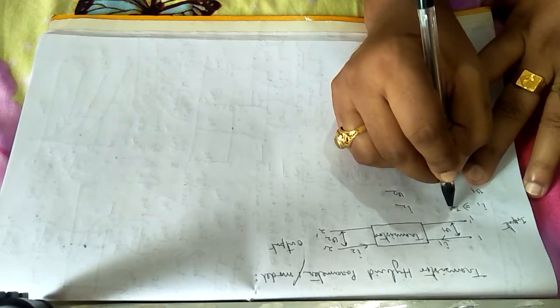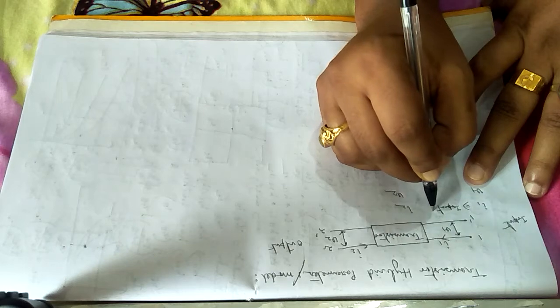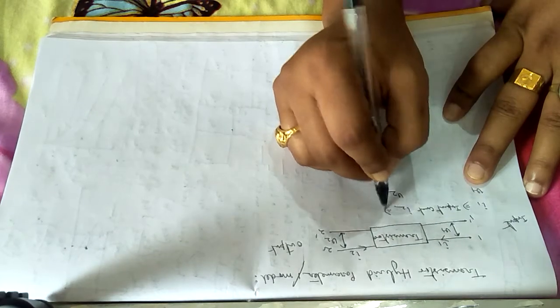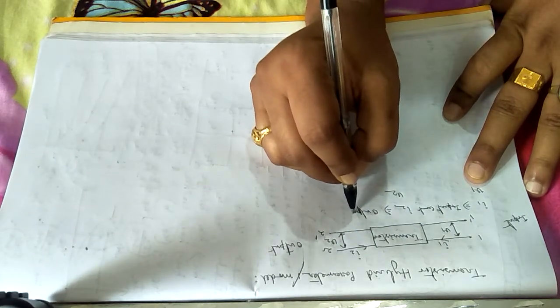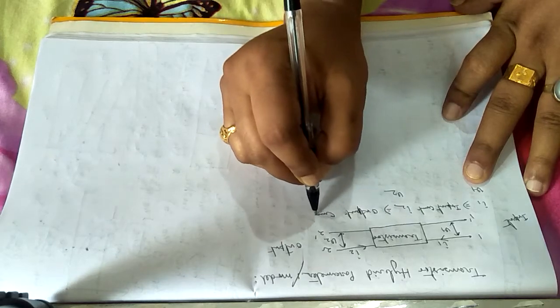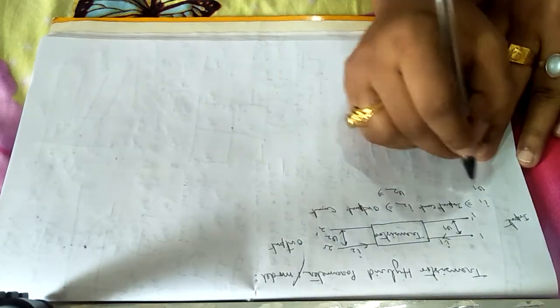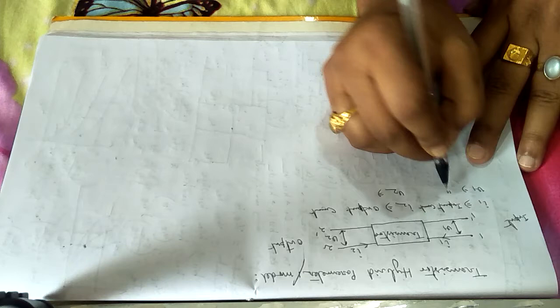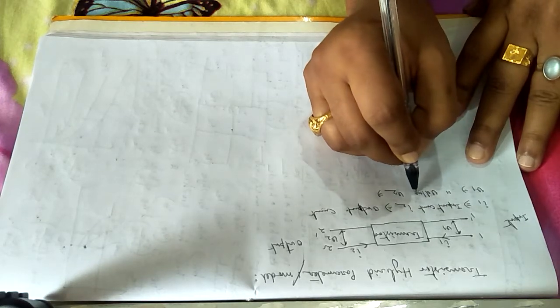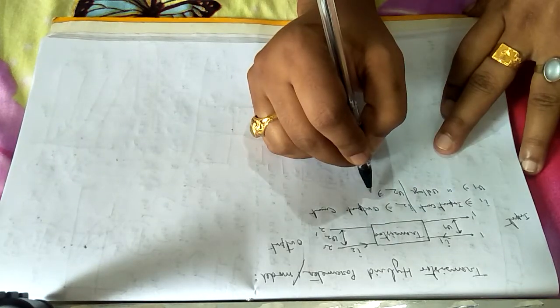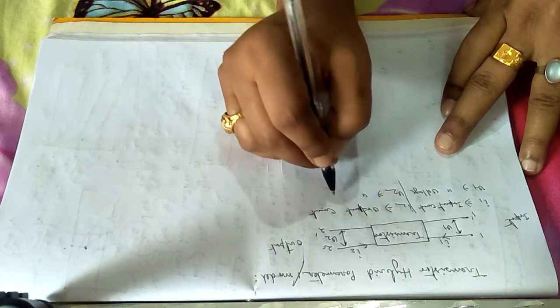I1 is, as I said, the input current, I2 is the output current, V1 is the input voltage, and V2 is the output voltage.